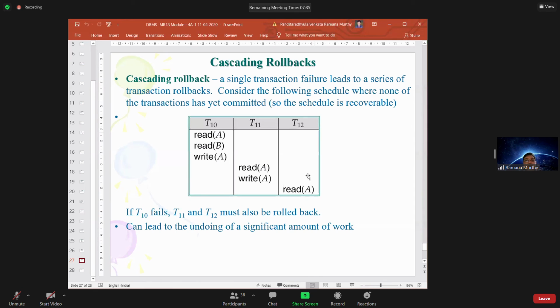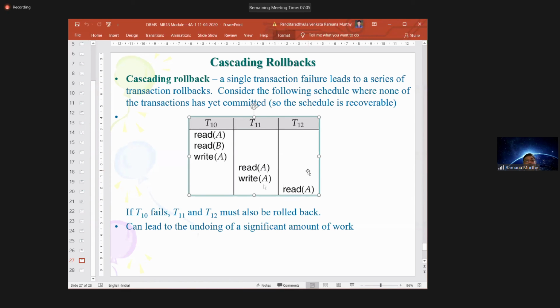Then T12 is reading a value which is modified by T11. Unless T10 is final, you can't finalize T11. Unless T11 is final, you can't finalize T12.